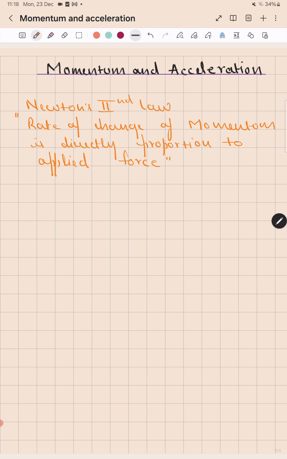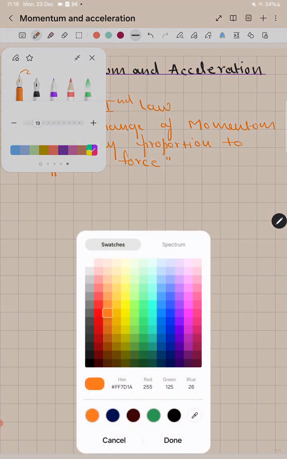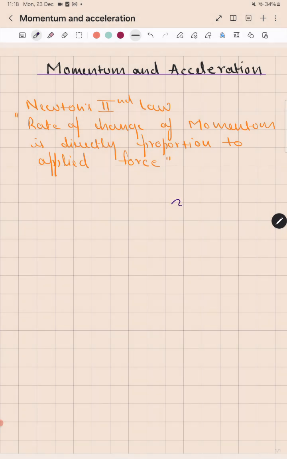But when it comes to a relation, we are talking about the equation. So let's convert these words into equations, in the form of symbols. What do we mean by the word rate? Wherever the word rate comes, it means with respect to time. For example, rate of change of velocity means velocity over time.